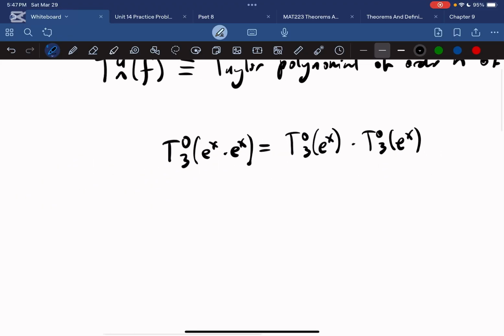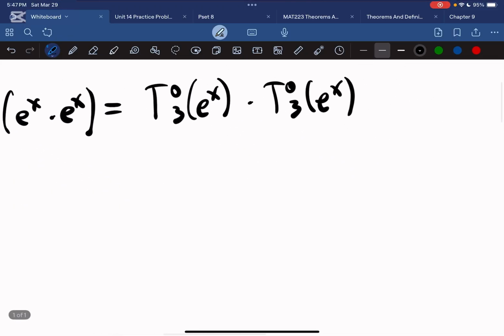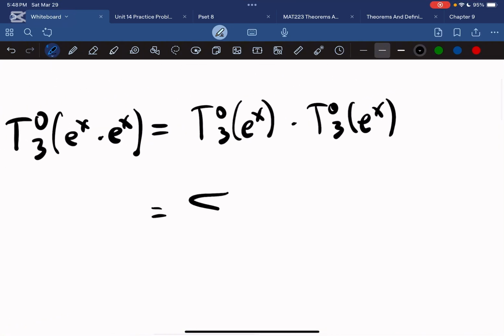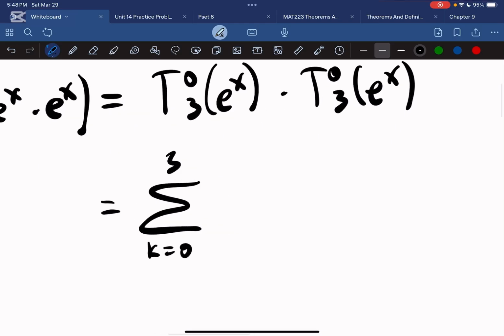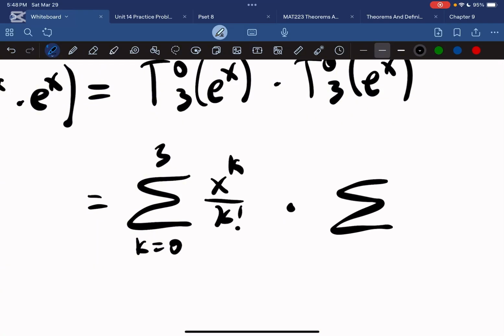Keep in mind, this is a very easy example, and you probably could do it without even using this, but I just want to illustrate what I mean. So we can rewrite this as the Maclaurin series, which is x to the k over k factorial, summed from k equals 0 to 3.